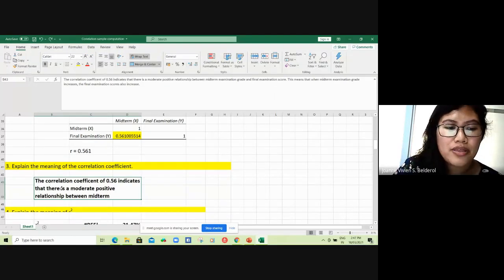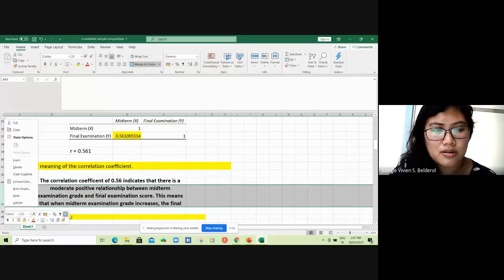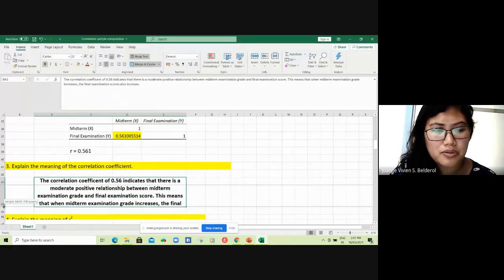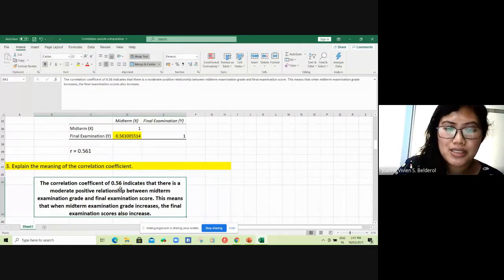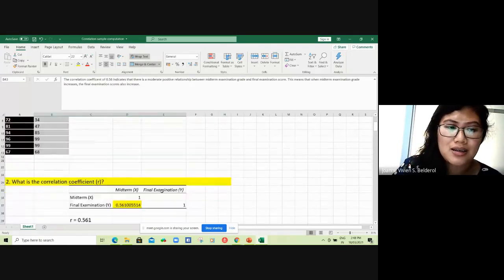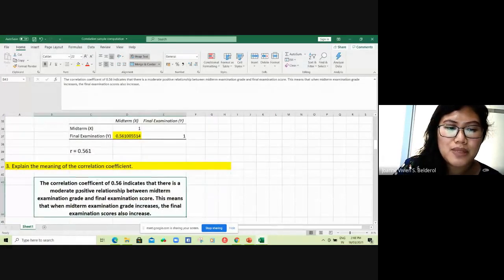So, you say, the correlation coefficient of 0.56 indicates that there is a moderate positive relationship between your midterm examination grade and final examination score.